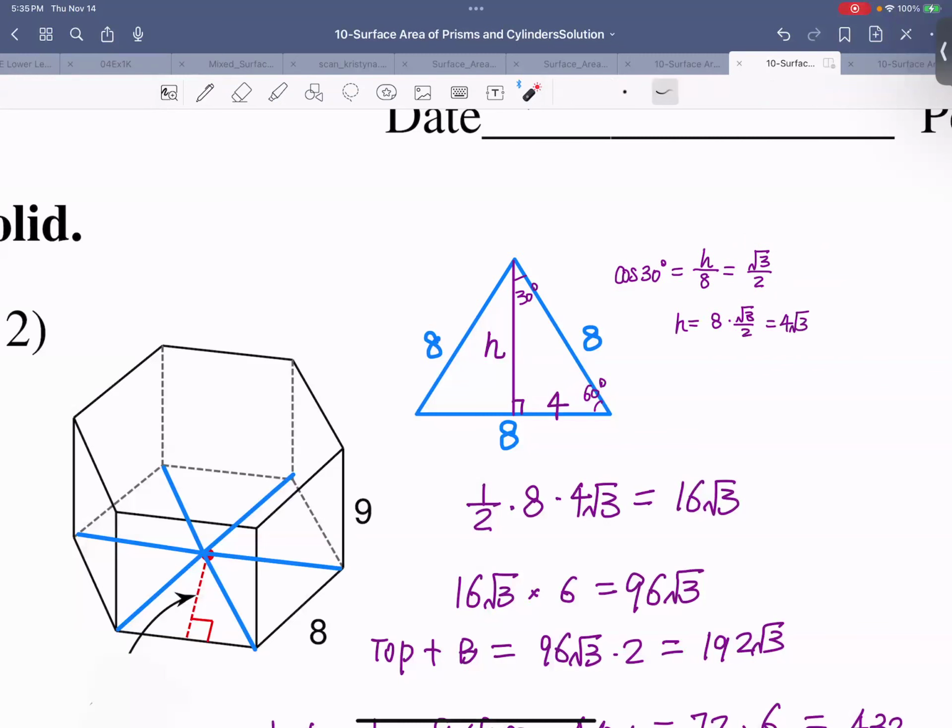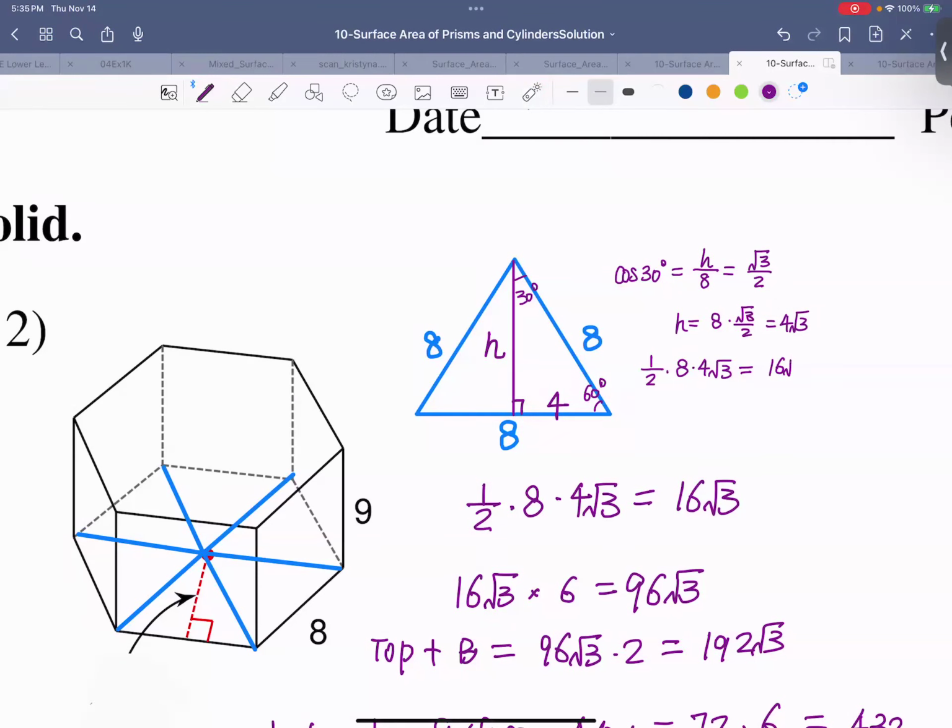So knowing this height, we will be able to calculate this equilateral triangle area. What do you do? 1/2 times base, which is 8, and this h is this. Does this make sense? 8 divided by 2 is 4. 4 times 4 is 16.